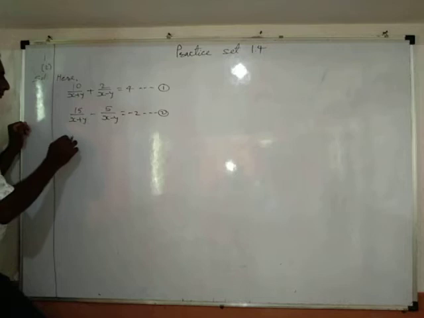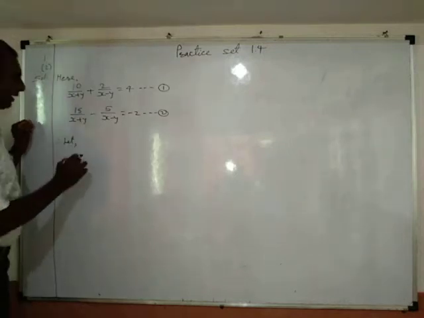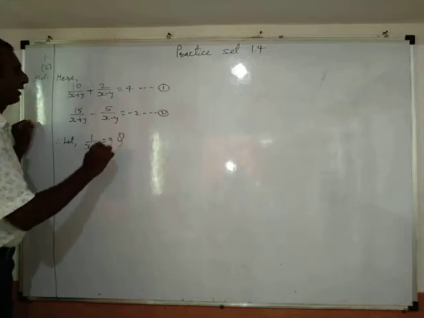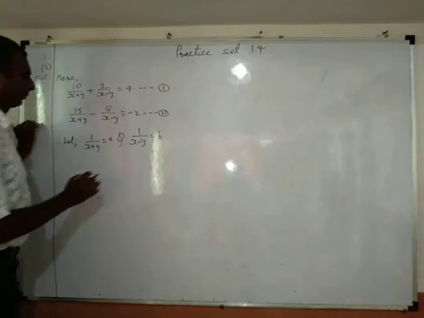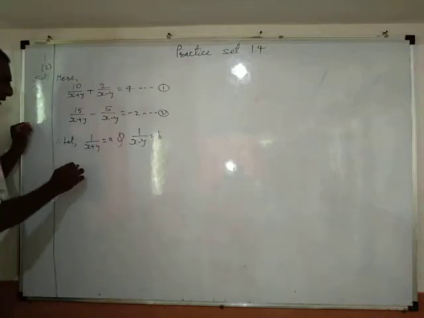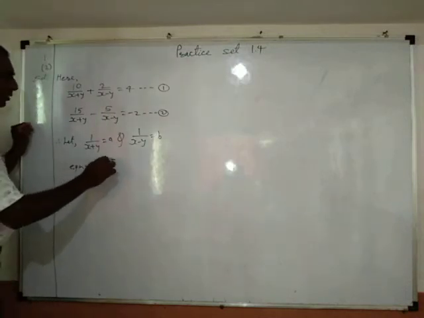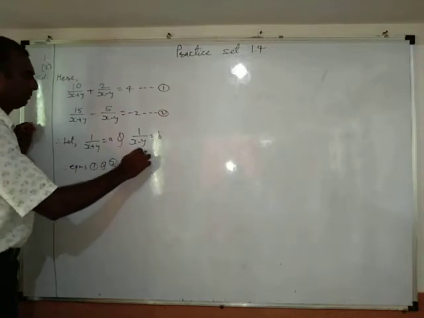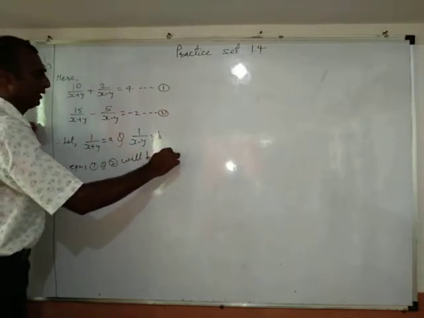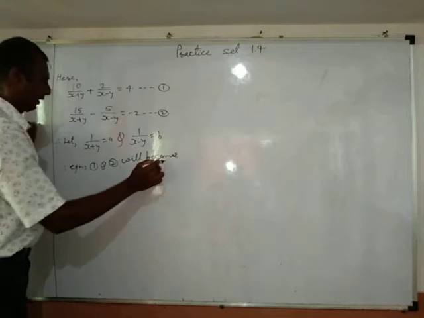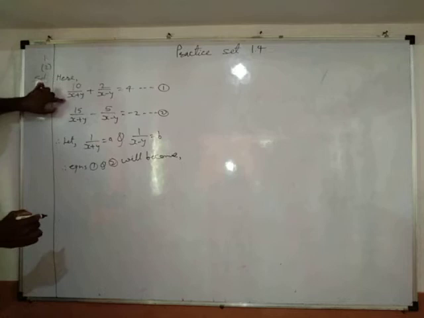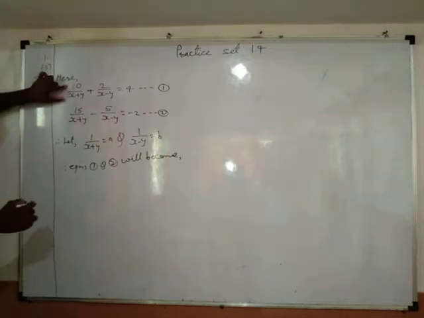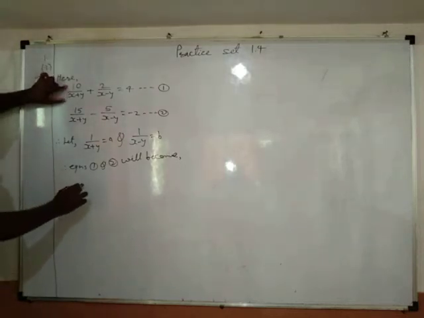Therefore let here 1 upon x plus y equal to a and 1 upon x minus y equal to b, and therefore equations 1 and 2 will become, let's see what they become. 10 upon x plus y means 10 into 1 upon x plus y, hence it will be 10a.